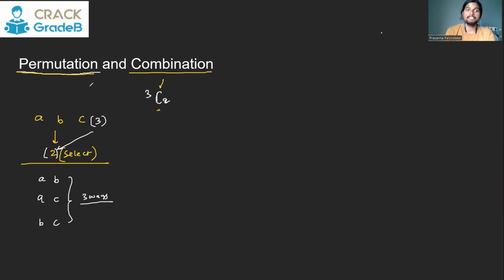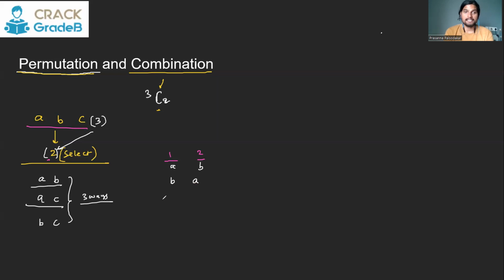But permutation is when, along with selection, you also have to provide them cabins. That means there are 3 people out of which you are selecting 2, and you have to provide them with cabins. This is cabin number 1, this is cabin number 2. So now how many ways will there be? If you select AB, then A here, B here will be different from B here, A here.